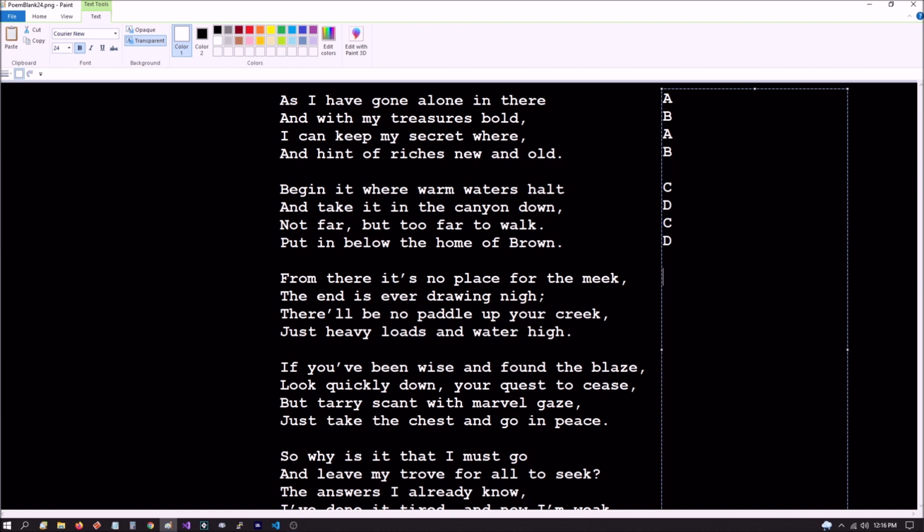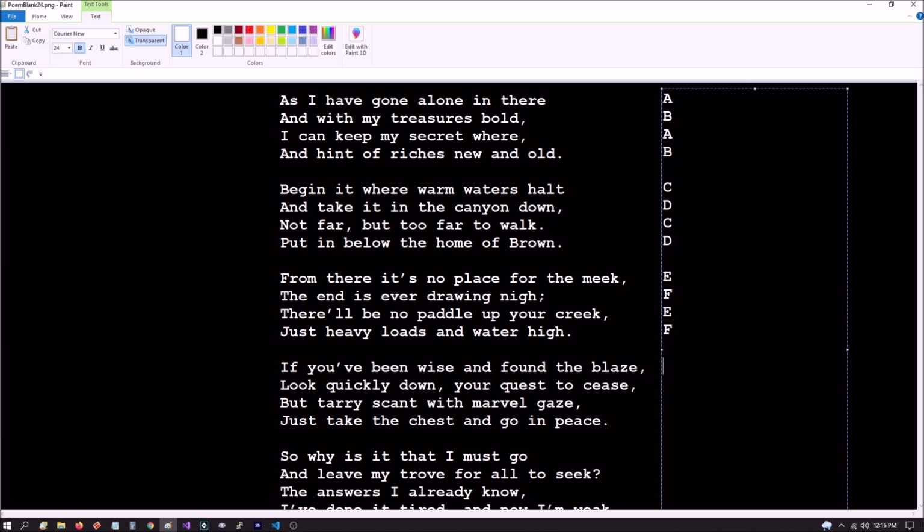Go to the next one. We got meek. Does meek rhyme with anything in the previous? No, it doesn't. So we give it the letter E. We get to nigh. Does nigh rhyme with any of your previous? No, it doesn't. So we give it an F. So does creek? Yeah, creek and meek. E. High and nigh. F. Let's go to the next stanza.